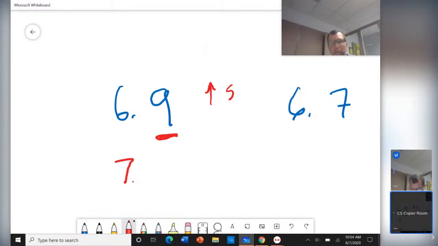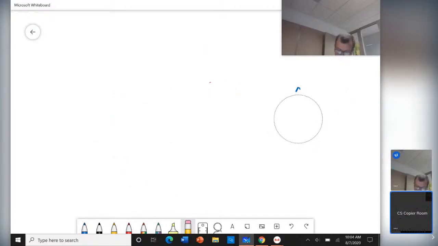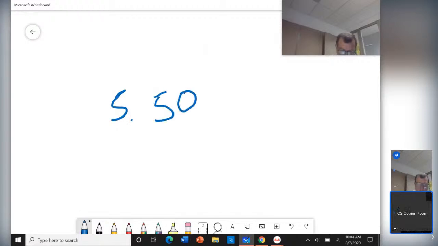I want to do one here just so we get an idea. If it's exactly, say we have 5.50. So it's either going to be 5 or 6. This one's exactly 5. Even though it's exactly 5, we're still going to round up.